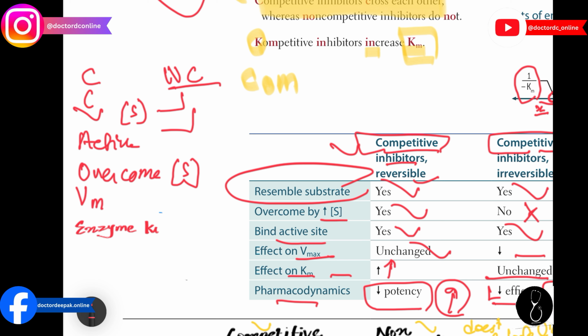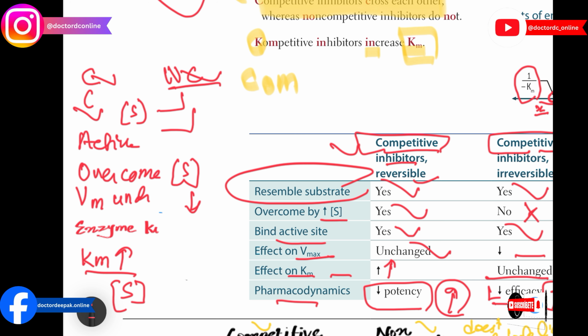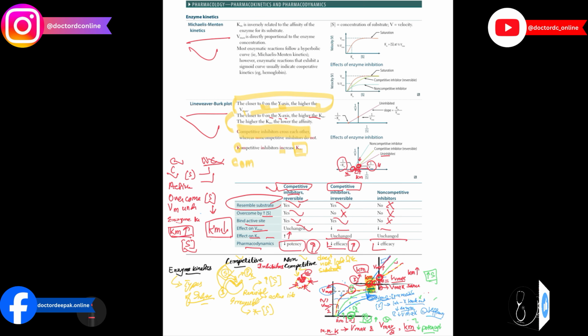The maximum velocity, Vmax, remains unchanged in competitive inhibitors, but in non-competitive it will be decreased. In competitive inhibitors, the Km is higher due to overcoming the inhibitor, and we increase the substrate concentration, so Km is higher, but in non-competitive inhibitors, the Km will remain unchanged. Okay, this is all about this topic.